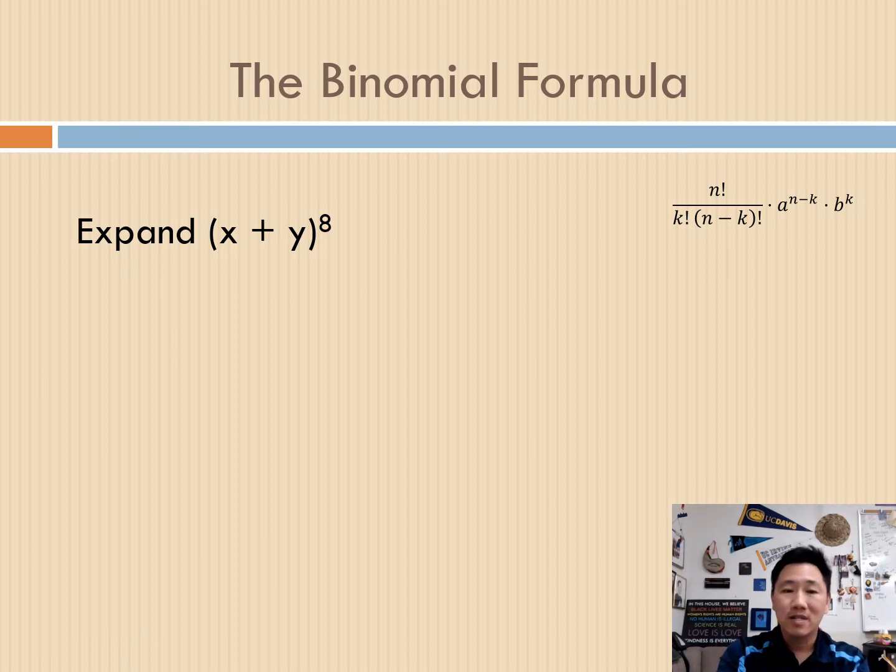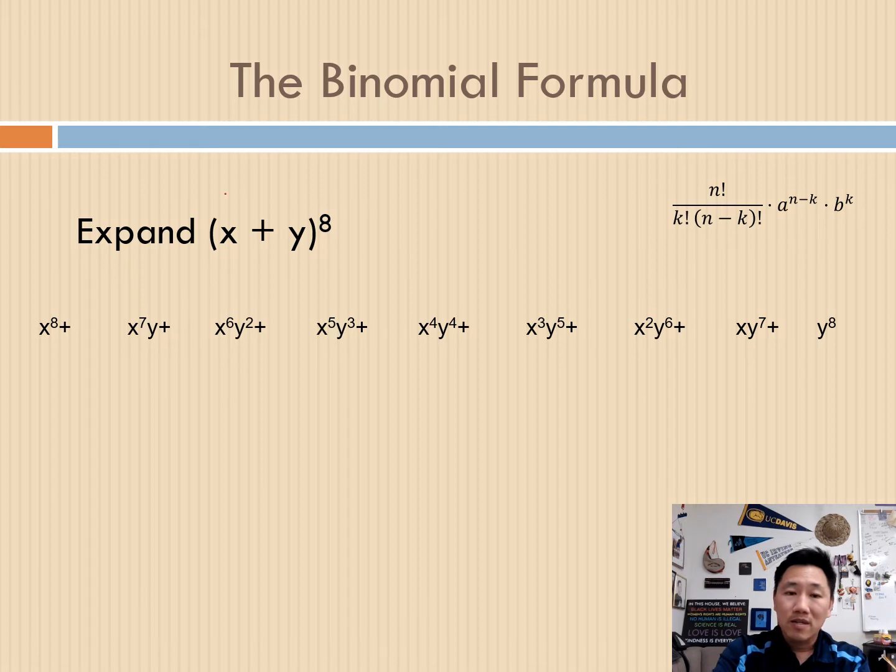Now, we learned from Pascal's triangle that those are the x and the y's. The x, we always start with x to the 8th, and then it becomes x to the 7th, x to the 6th, x to the 5, 4, 3, 2, 1, and then there's no x.